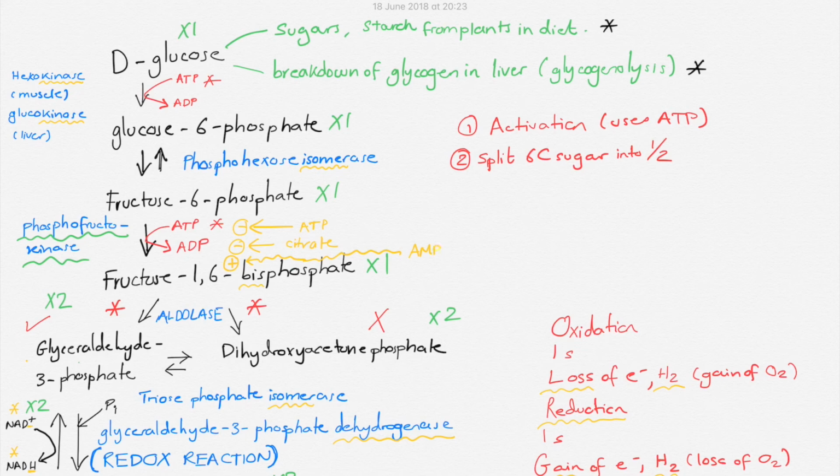So these are allosteric regulators. They can be allosteric inhibitors, such as ATP and citrate, to prevent fructose 6-phosphate from going into fructose 1,6-bisphosphate. But they can also be allosteric stimulators, allowing this process to take place.